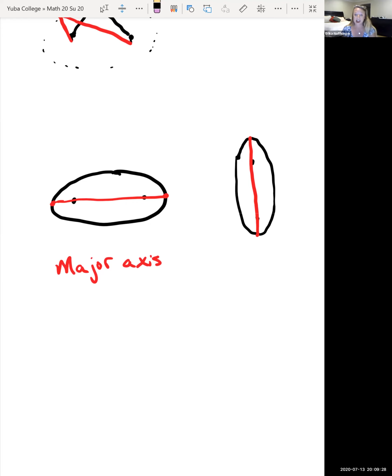The major axis is always going to have the same length for ellipses, and the major axis, the length is always 2a. So 2 times a. And we'll talk about how to find a in a minute.